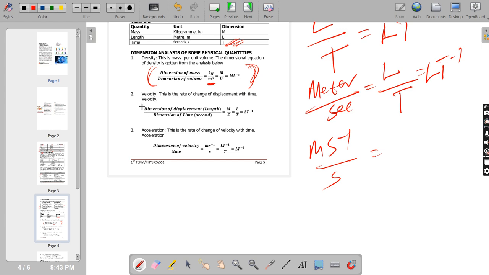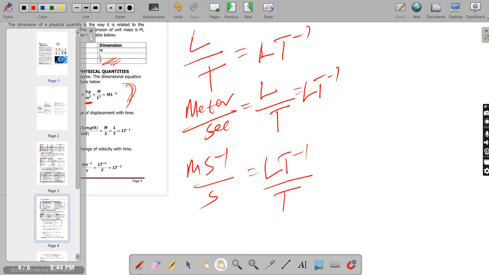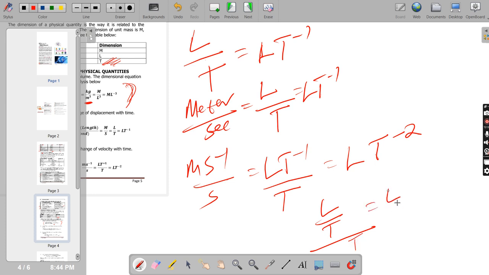We have the dimension for velocity, so that's LT minus 1 over T. This will give us LT minus 2, because this is like L over T all over T. So this will be L over T times 1 over T, which is L over T squared, the same as LT minus 2. You understand? So that's why we got this.